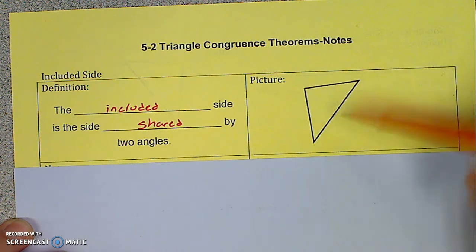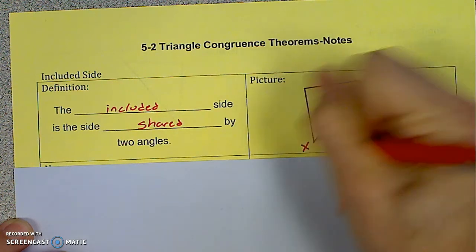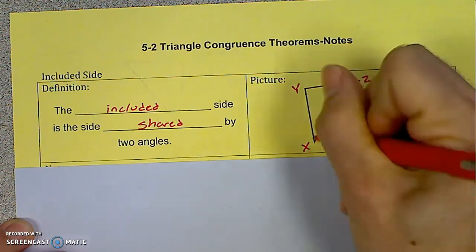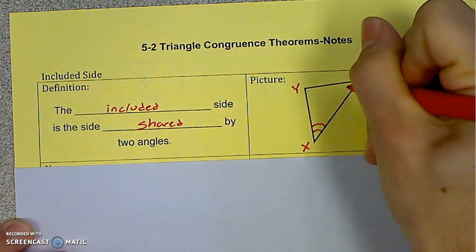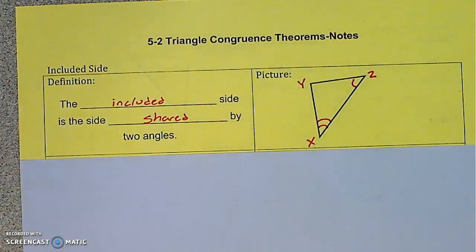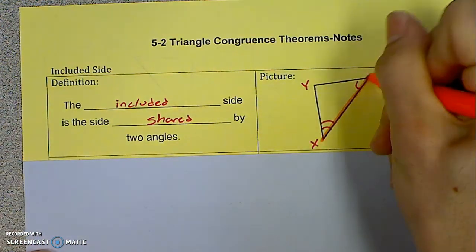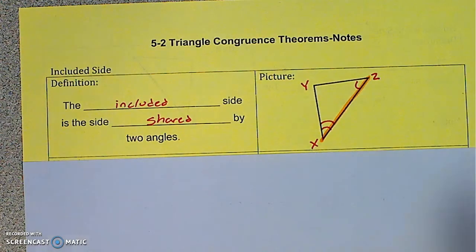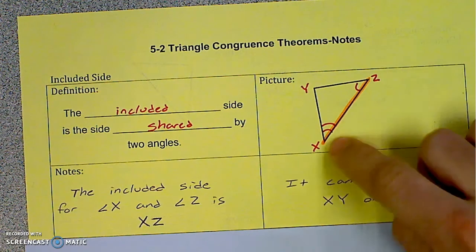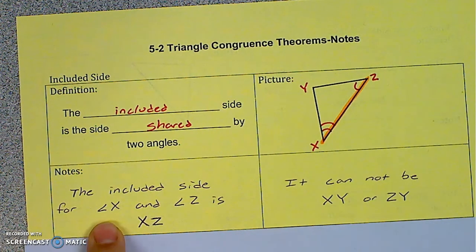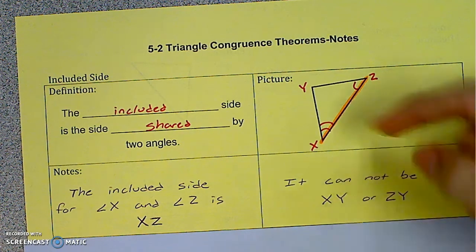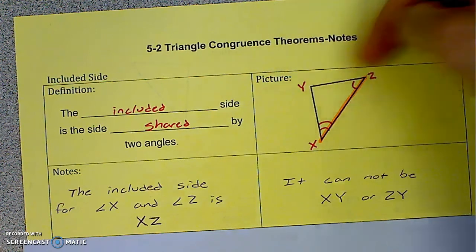So in this picture here, if we label it X, Y, and Z, and we are using angle X and angle Z, then my included side is XZ, because it is included in these two angles. The included side of angle X and angle Z is XZ. It cannot be XY or ZY.